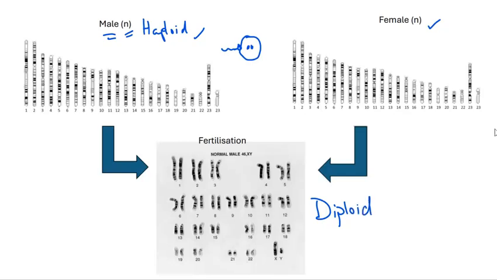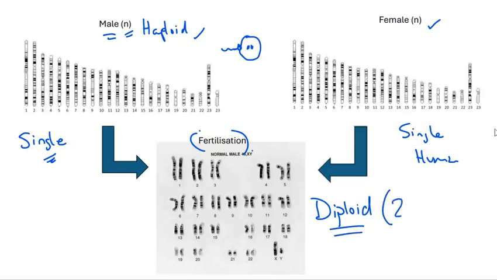I prefer to think of this in terms of the male cell having a single set of all human chromosomes, and the female gamete having a single set of all human chromosomes, and that the cell produced by fertilization is described as diploid, given the symbol 2n, these of course being n, and that diploid actually means a double set of all chromosomes.